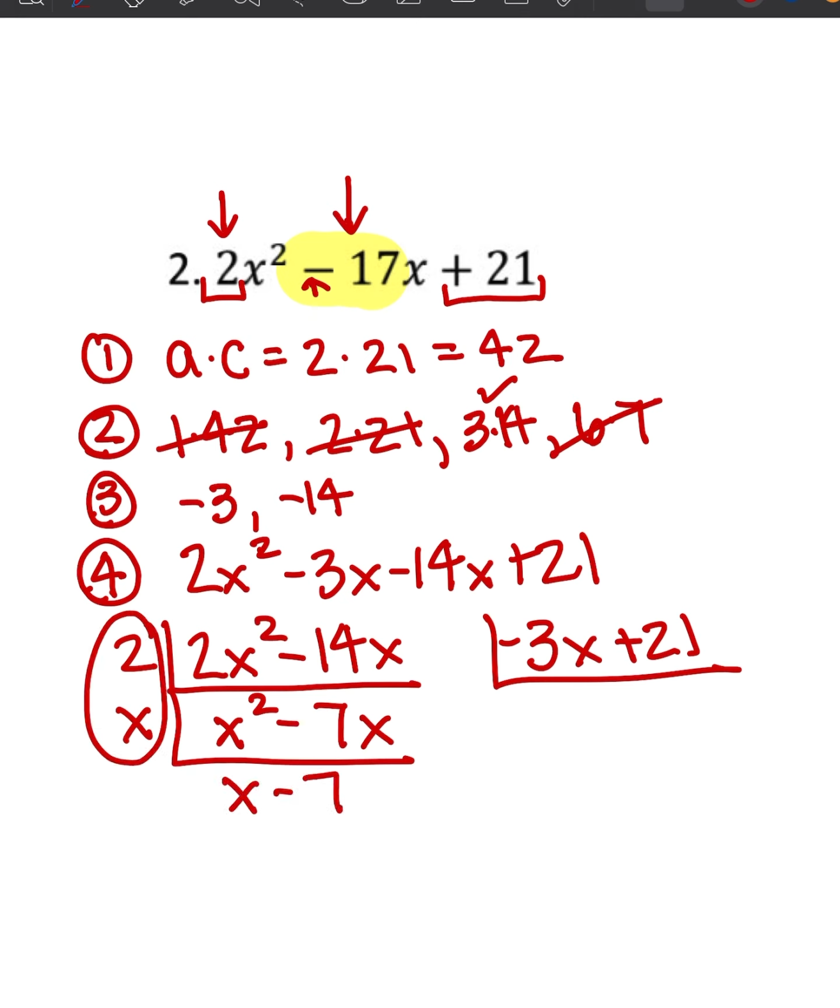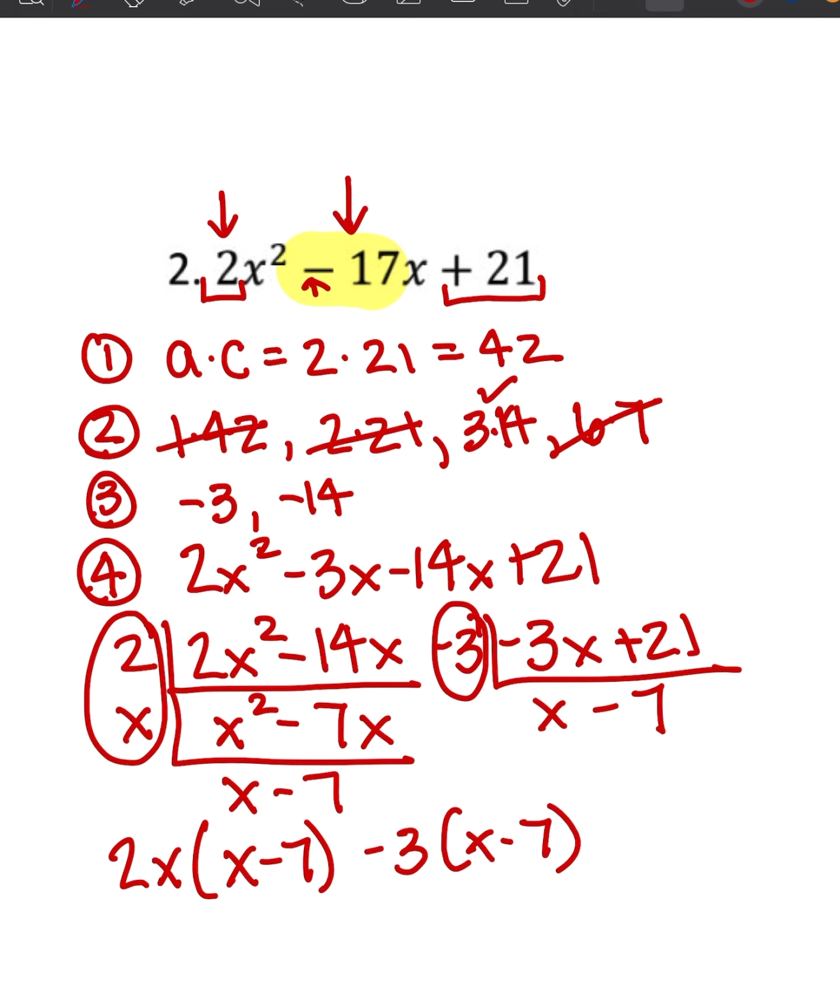And then I'm still going to rewrite those as a product of two factors. And then over on the right side, I'm going to pull out a negative 3 first.